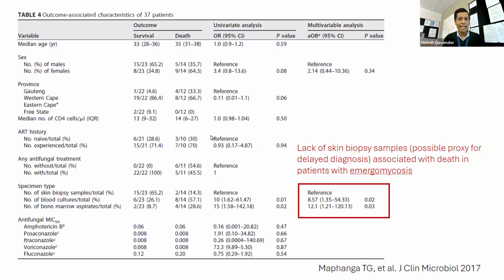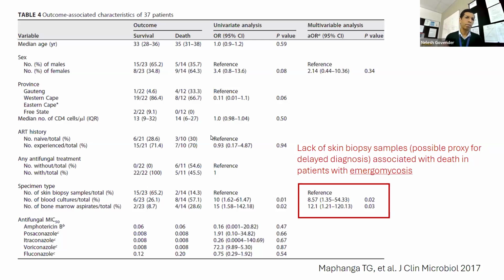Just to say that in a small cross-sectional study, actually, it wasn't a cohort, of 37 patients, where the case fatality ratio was about 48%, we found that lack of skin biopsy samples was associated with death in patients with emergomycosis.